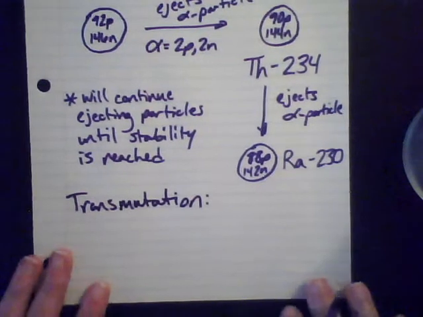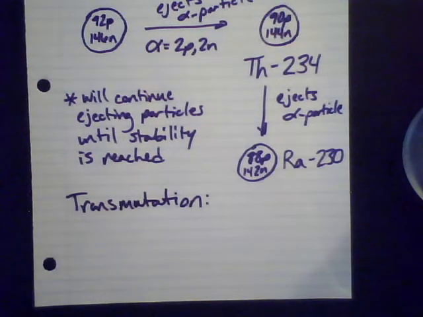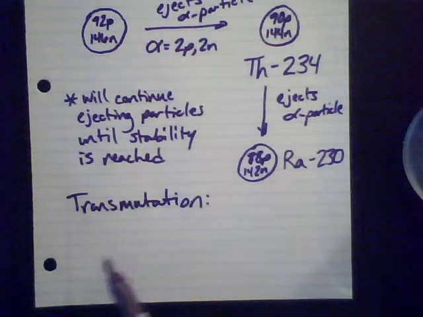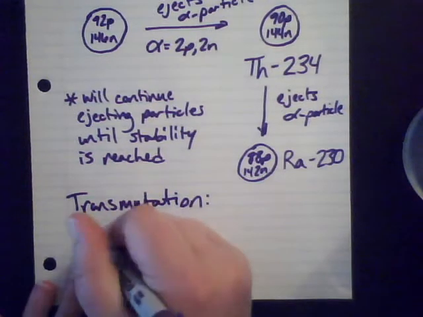Now, we usually look at the word mutation and think about radioactivity and think about bad things, right? Like mutation of DNA, for instance, which causes things like cancers and all sorts of problems with creating proteins and all kinds of things. So mutation is usually a bad thing, but the term mutate or mutation in general just means changing. So we're just changing from one element into another through the process of radioactive decay.